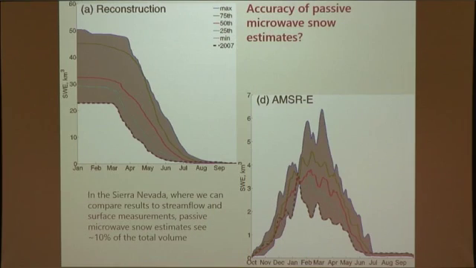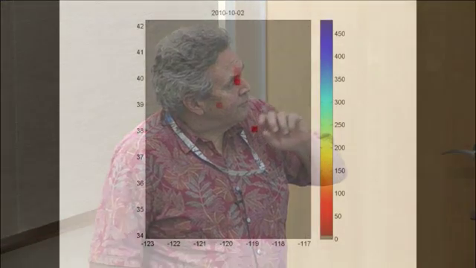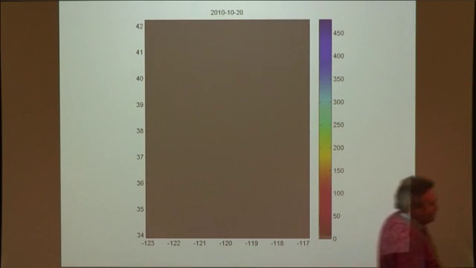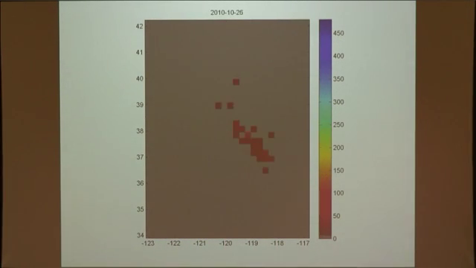So in the mountains at least, the passive microwave estimates are only seeing about 10% of the total volume. There are some physical reasons for this, and therefore we've tended to focus on reconstruction. But you can see this problem. This is a time series map of the passive microwaves.